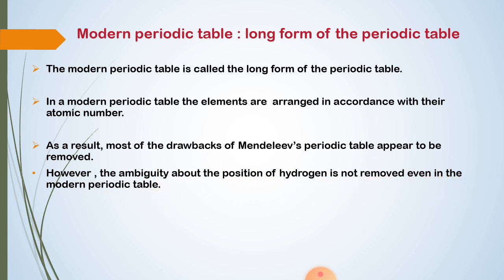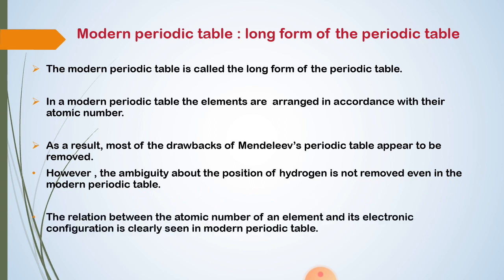The relation between the atomic number of an element and its electronic configuration is clearly seen in the modern periodic table.